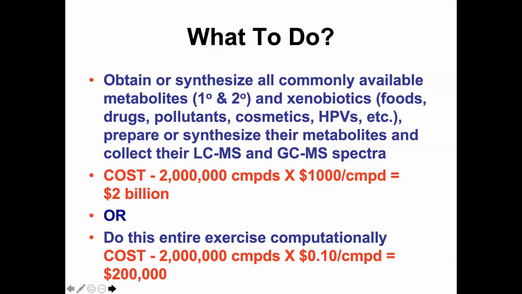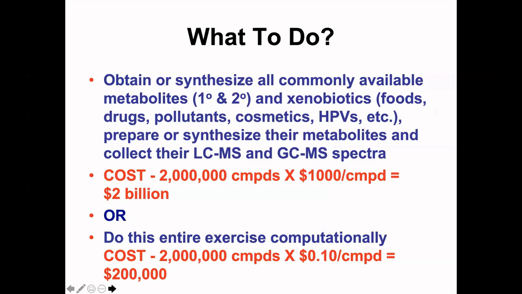So what can we do as a community? We can either try, as we did with the Human Genome Project, to gather a lot of money and a lot of resources, try and collect all the known chemicals, buy them, collect all the known xenobiotics, things that are known to be food additives in foods, all the drugs, all the pollutants, all the cosmetics, all the high production volume chemicals.